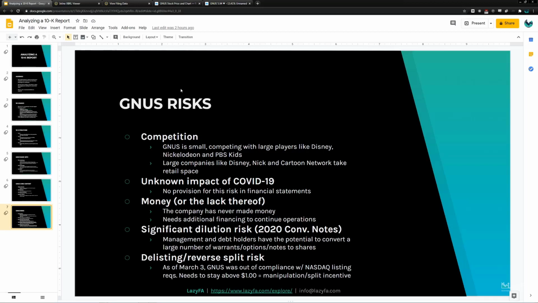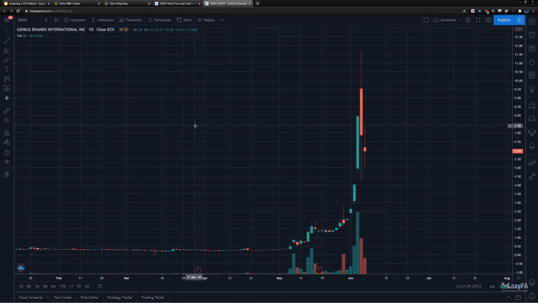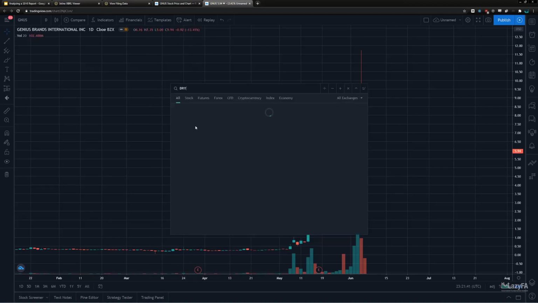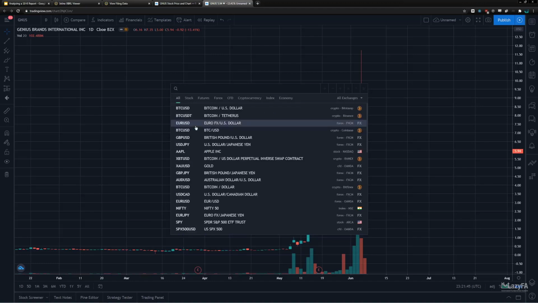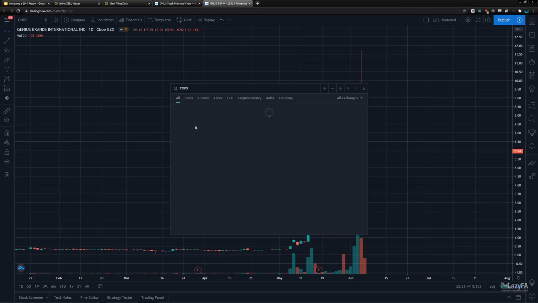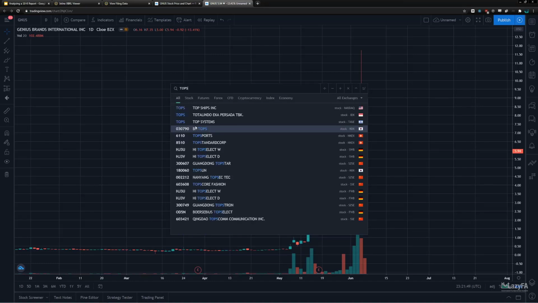And with companies that reverse split often, you will see, let's look at, maybe Tops.